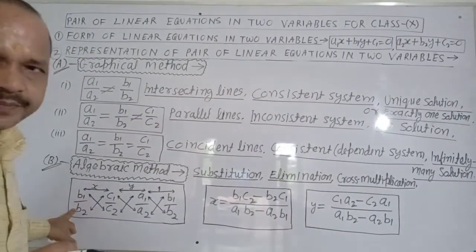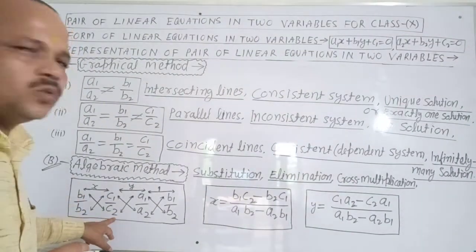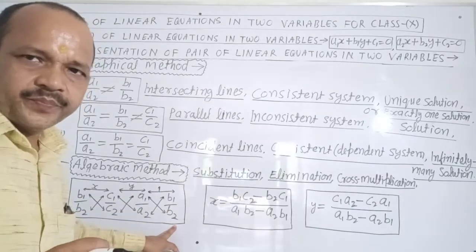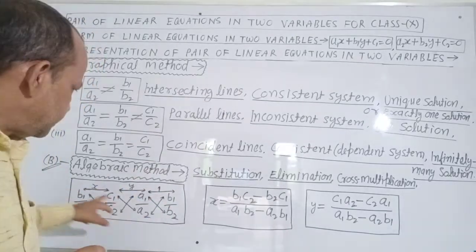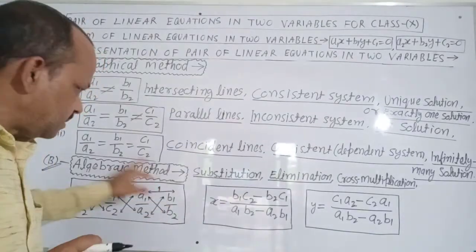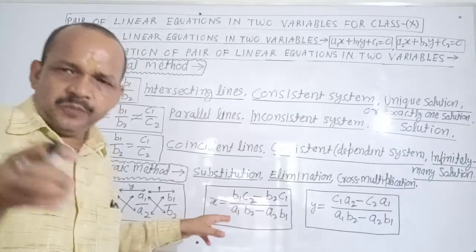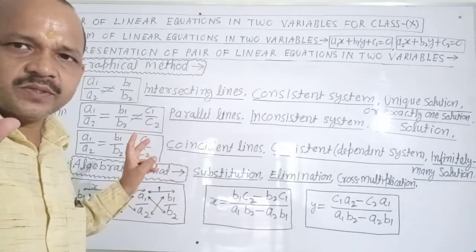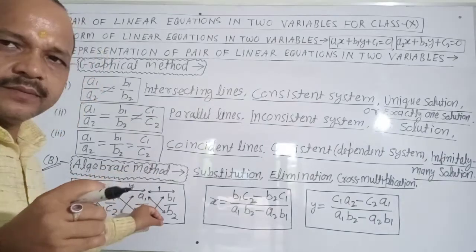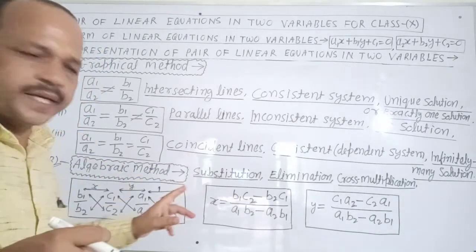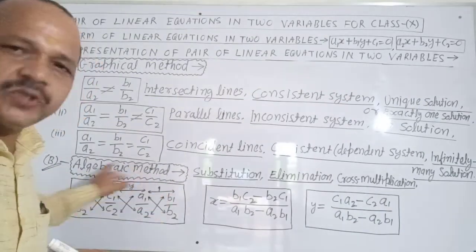b1 by b2, c1 by c2, a1 by a2, b1 by b2. This chart, here x, here y, here 1. This chart helps you in solving your questions. You can find the value of x and y by the help of these charts.